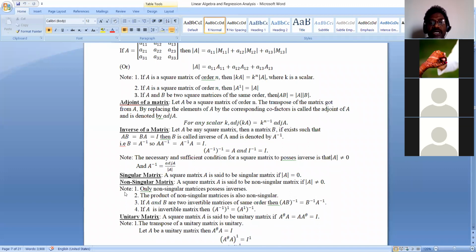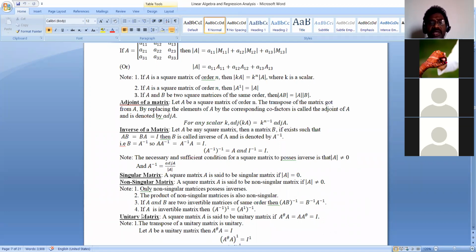The product of two non-singular matrices is also non-singular. If A and B are two invertible matrices of the same order, then AB whole inverse equals B inverse into A inverse. This is one of the basic results on inverses of a matrix.